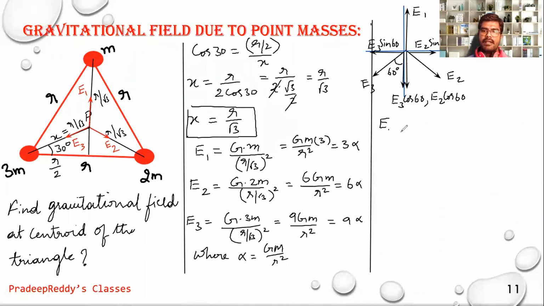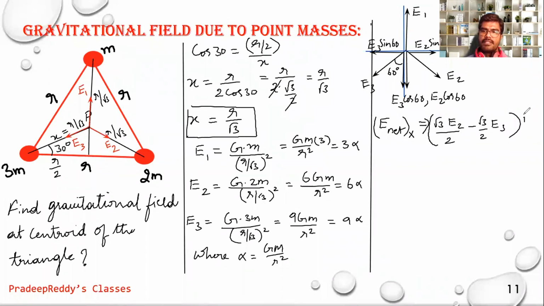E net along x-axis is equal to, along x-axis right side there is a field, that is E2 sin 60. Sin 60 is root 3 by 2. So therefore it is root 3 E2 divided by 2 minus left side it is E3 sin 60, that is root 3 by 2 into E3, and this is along x-axis.